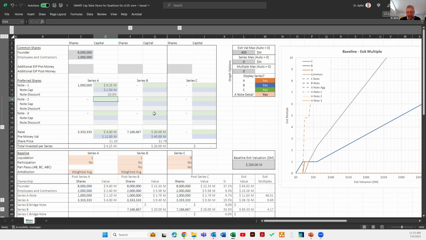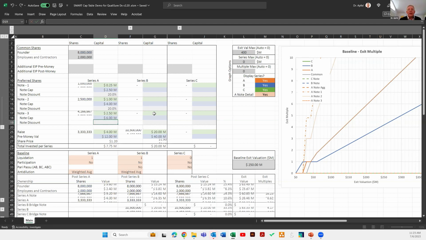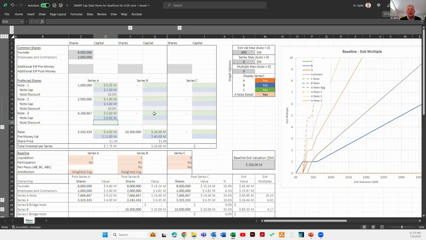Then you raise the next, let's say, 1 million, and you do this at a 4 million cap with a 20% discount. And then you raise the next, let's say, 2.5 million, and you can put a 6 or 8 million cap on it. And what you can then see is what the different multiples are.